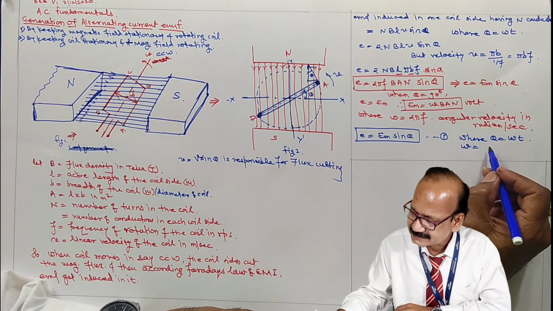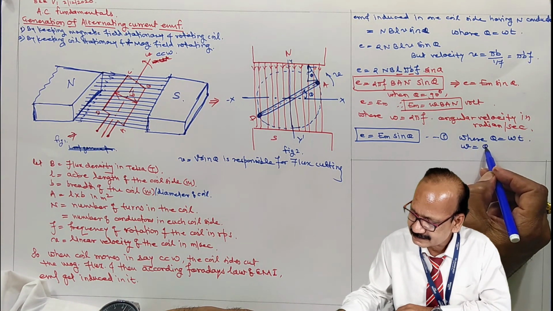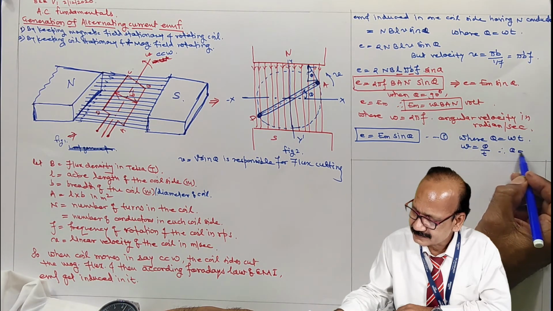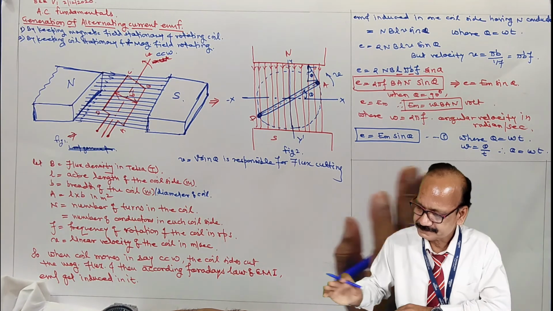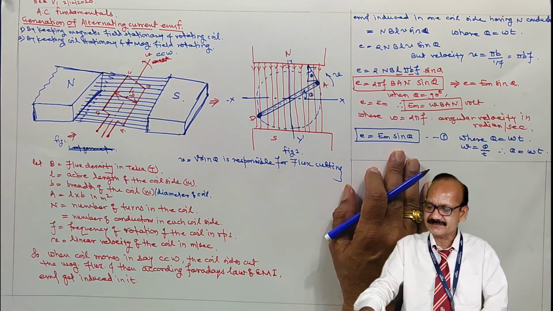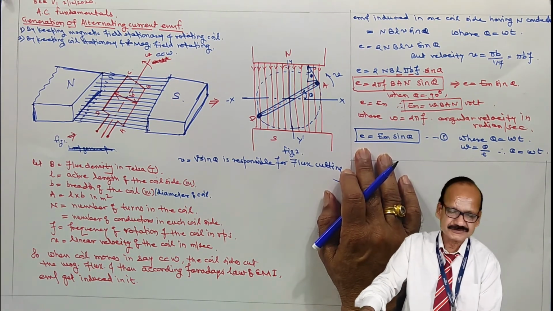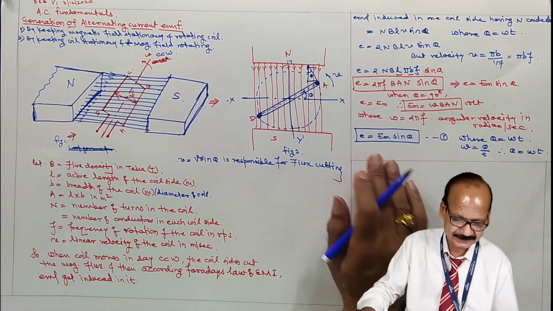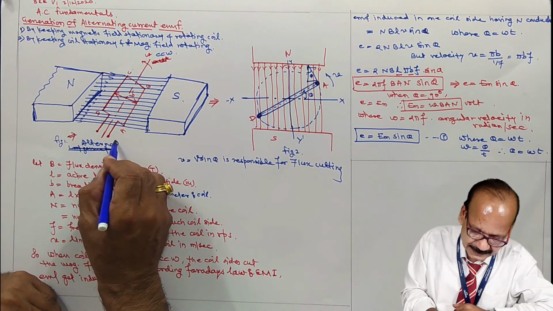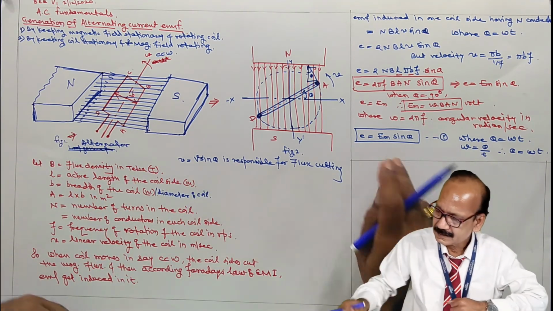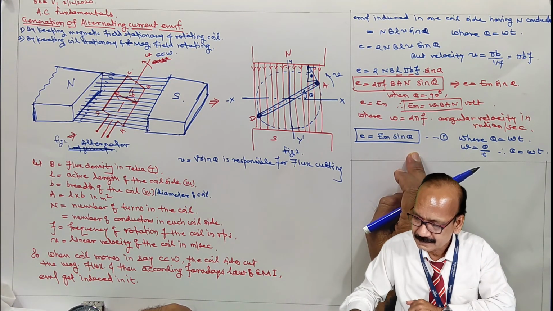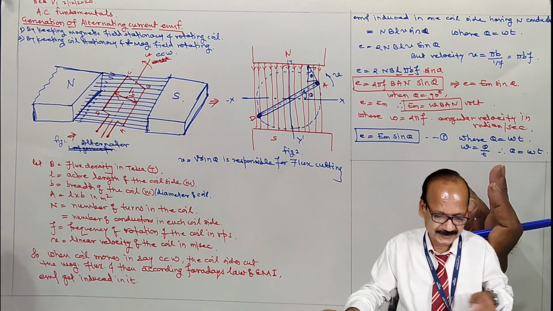Say the distance in terms of angle is theta and time required is t, and therefore theta equal to omega t. So this is the expression for sine wave, and therefore EMF induced in the alternator or a generator follows the sine rule, that can be shown on the next page.